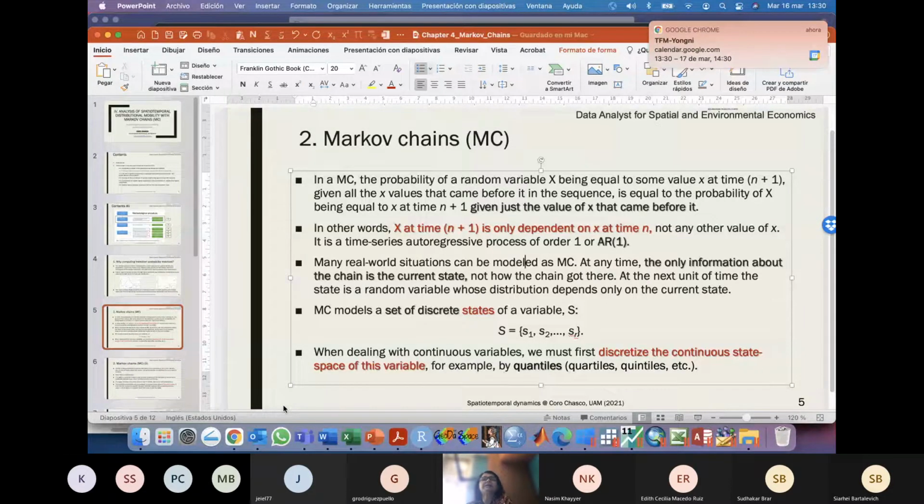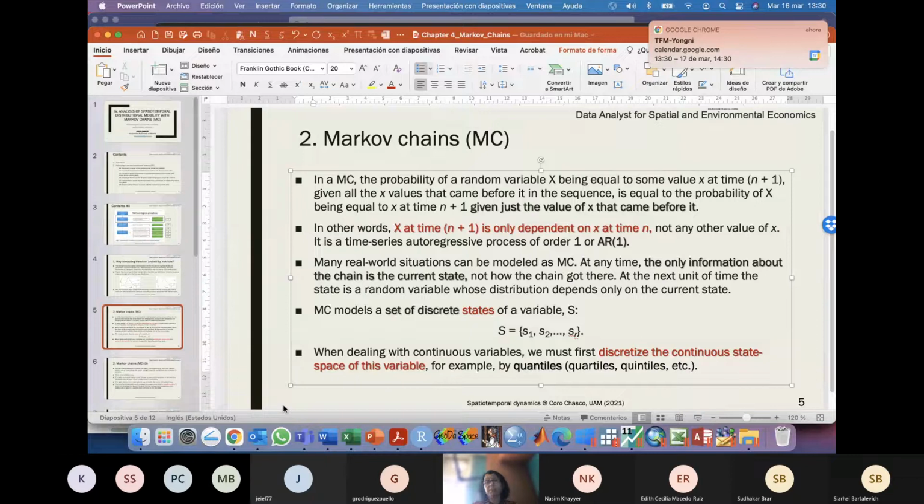Discrete states like, I don't know, different means of communication. So if one person takes the bicycle to go to work, or if he or she takes the bus or the car, so they are different modalities, different categories.